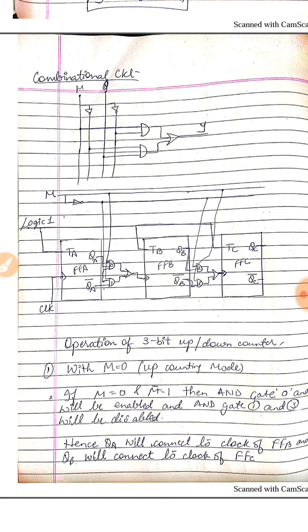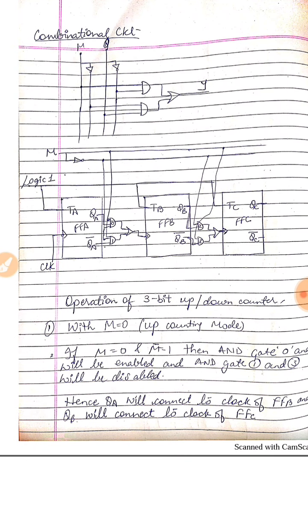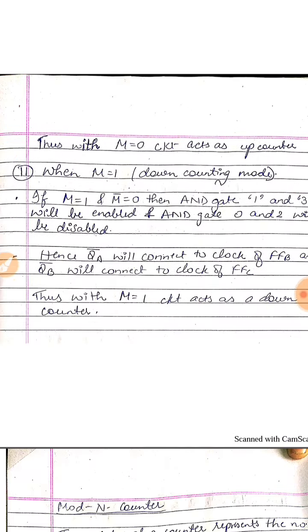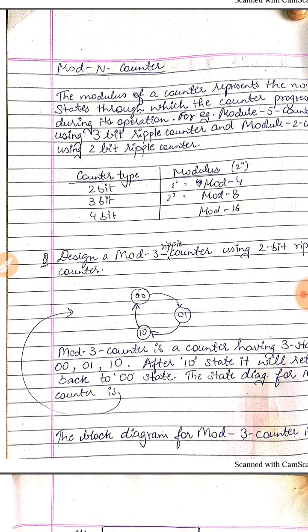If I had to use up and down counters, I would be designing them with separate flip flops, but now I am using only 3 flops for both up and down counting. So this is how you can make the up and down counters. Rest of the things would remain the same.